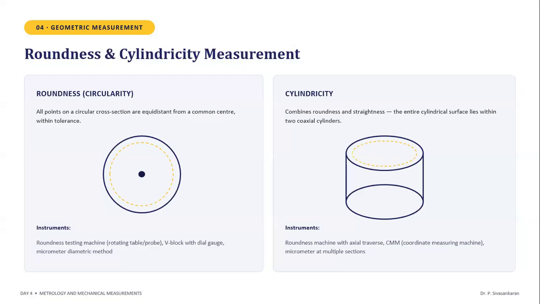Next, let us discuss roundness and cylindricity. Roundness, also known as circularity, requires all points on a circular cross section to remain within the specified tolerance from a common center. Roundness can be measured using a roundness testing machine, a V block with a dial gauge, or micrometer measurements at appropriate sections.